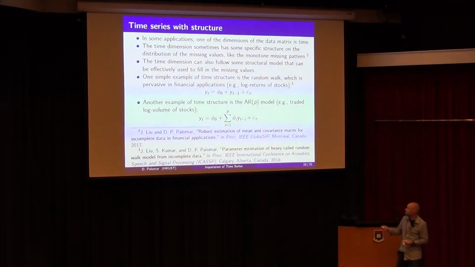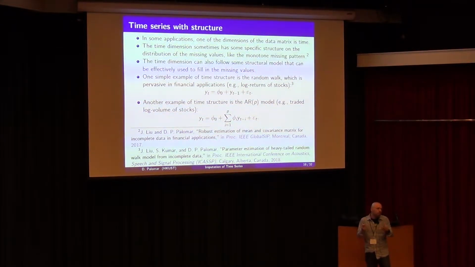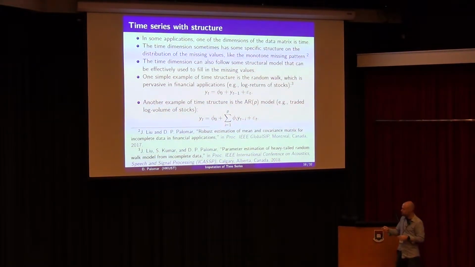There are many other models, like the AR model, where Y_t depends on the past few values plus some random innovation as well. So clearly, if one of these values is missing, you can have a good guess on how to fill it in. That's the idea.